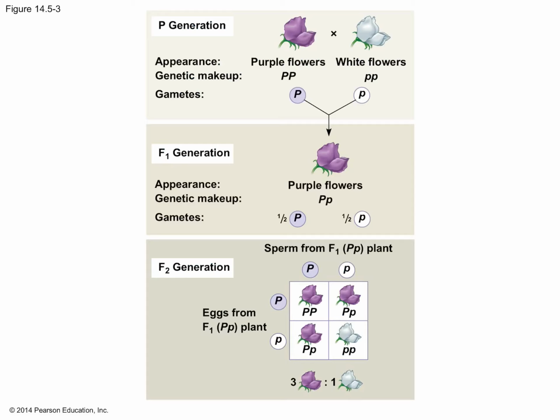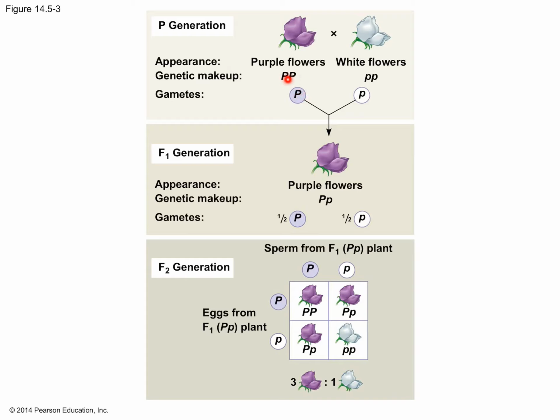So this is Gregor Mendel's first experiment with flower color in pea plants, using the Punnett square now. Remember he had two true breeding parents. One that had 2 copies of the dominant allele, uppercase P, one that had 2 copies of the recessive, lowercase p. Remember, in this case, white is recessive, purple is dominant. So when these individuals make gametes, sperm and egg, each gamete only gets one of the 2 alleles because gametes are haploid, right?